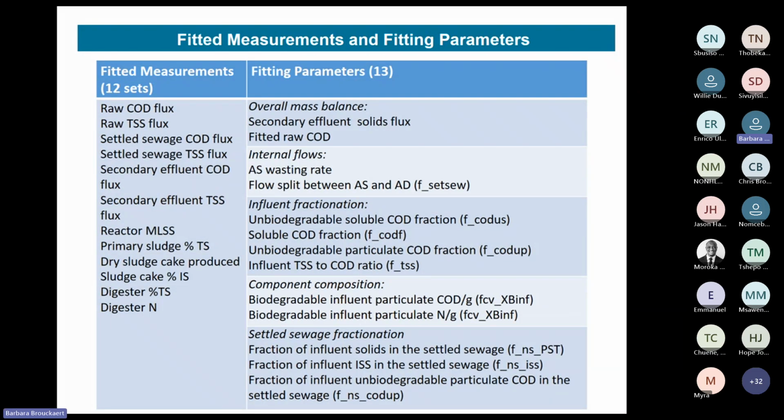And we had 12 sets of fitted measurements on the composition of the raw sewage, settled sewage, secondary effluent, some sludge streams, reactor concentrations, and the total sludge cake production.